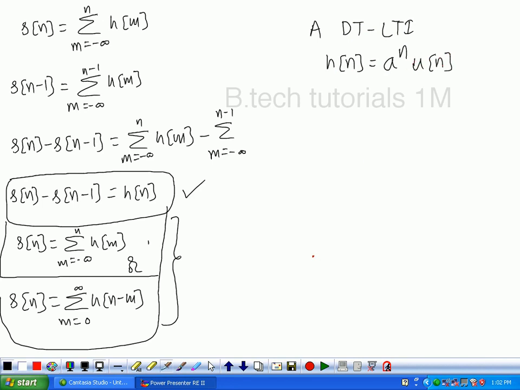Find the step response. Find S of n. You complete this problem and the problem that I already gave. Okay? Try to complete the two problems.